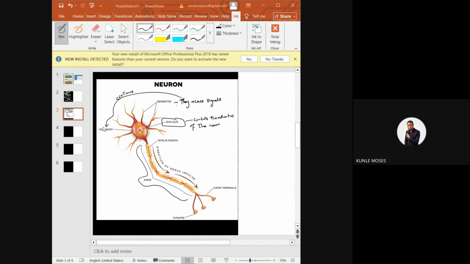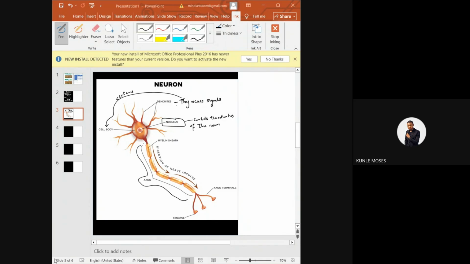After processing the signals, the axon carries the nerve impulses away from the cell body to other neurons, muscles, or glands. That's what the axon does.